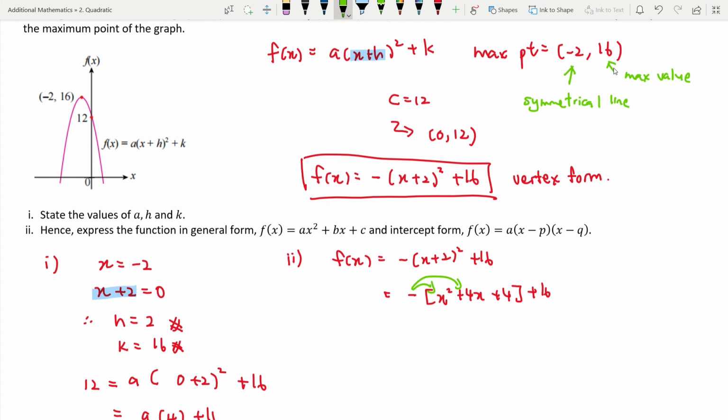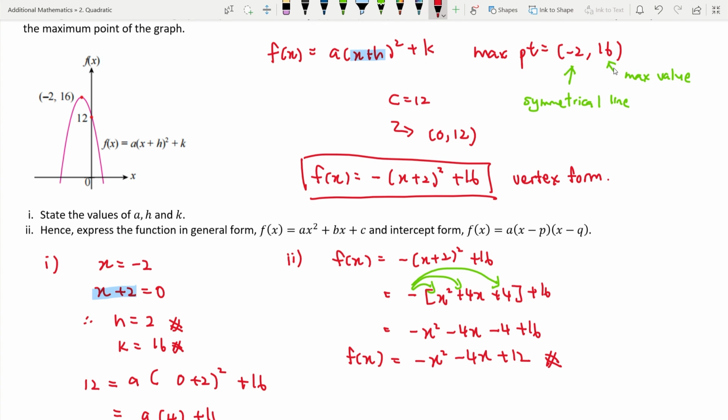Expand the bracket. -x² - 4x - 4 + 16. Simplify the function. f(x) = -x² - 4x + 12. So we have obtained our function in general form.